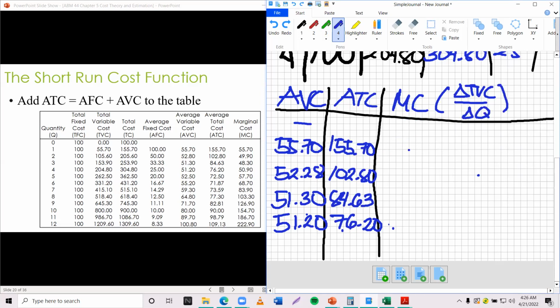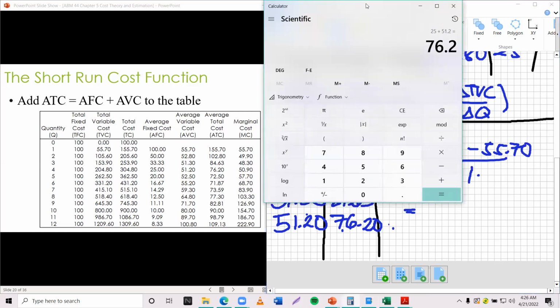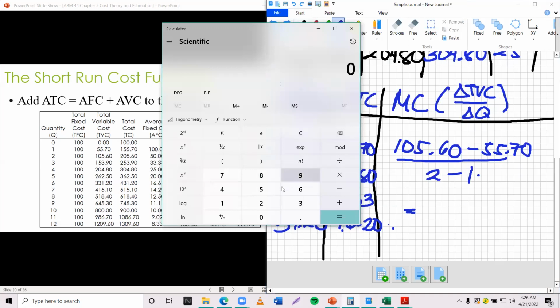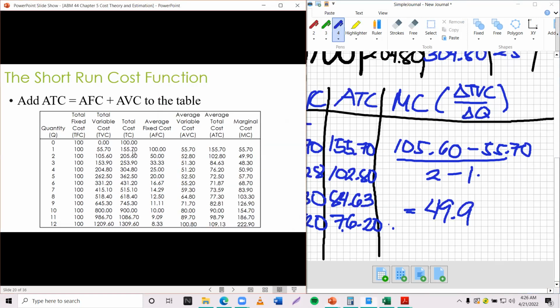So for number 2, that would be 105.60 minus 55.70 over 2 minus 1. 105.60 minus 55.70 is 49.90, divided by 1, which is 49.90.